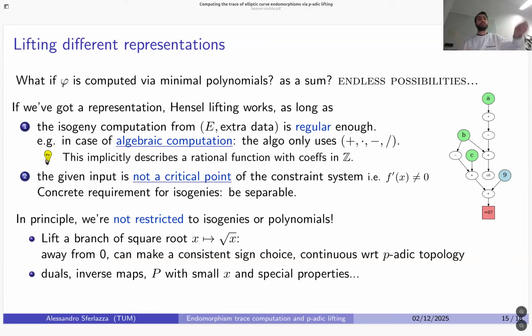Or given an isogeny, we can lift the representation of its dual, of some inverse maps, of some special point with the properties we want. And as long as they're algebraic or regular, we're happy. So I find it a cute idea.